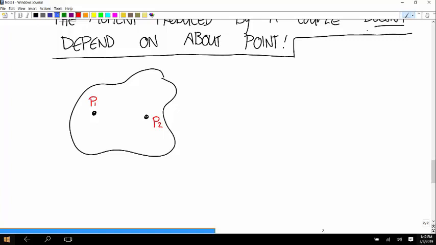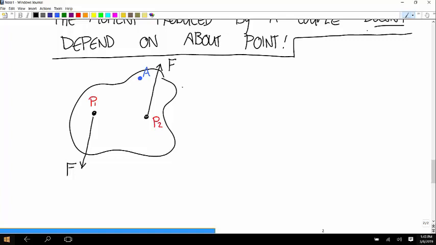And I'm going to say this is the about point, A. For now, we're going to see that that doesn't come into the calculation in the end. And the definition of a couple is that you have equal and opposite forces. So let's call this force F and this also has a magnitude of F, but it's in the opposite direction.